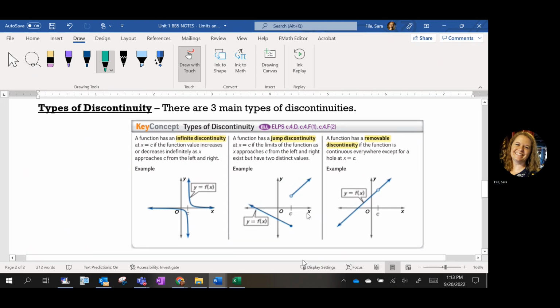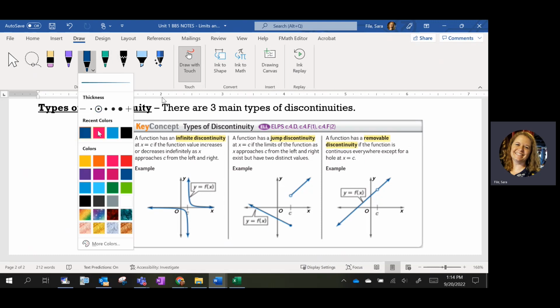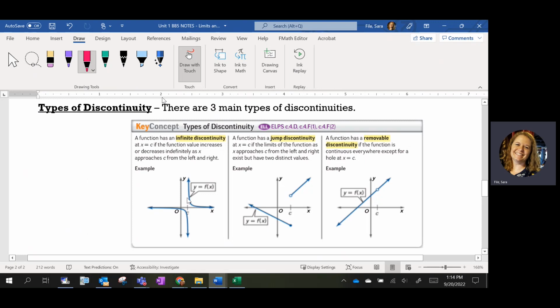The first type is called an infinite discontinuity, and this happens at a given x value, x equals c, where the function value increases or decreases indefinitely. So it's going up or down to positive or negative infinity. In this graphic here, this is a rational function. What is happening there?